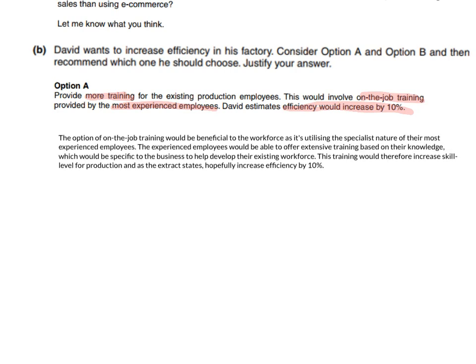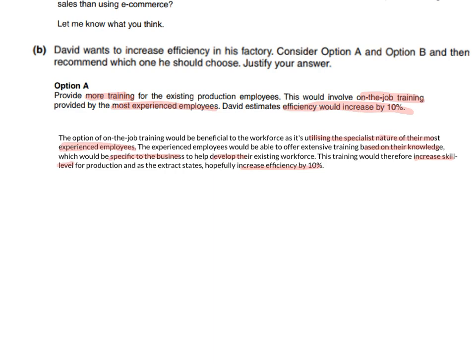So the experienced employees would be able to offer extensive training based on their knowledge, which would be specific to the business, to help develop their existing workforce. This training would therefore increase skill level for production, and as the extract states, hopefully increase efficiency by 10%. I've highlighted within my written paragraph the developmental phrases, again the knowledge, and also the application.